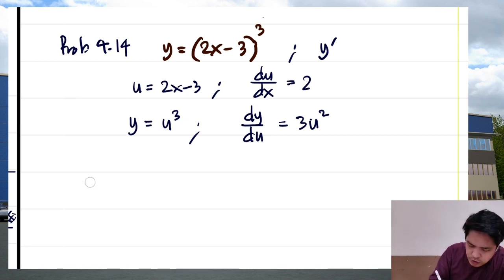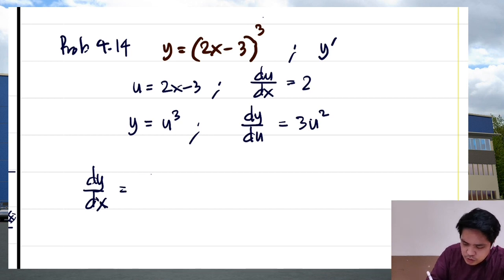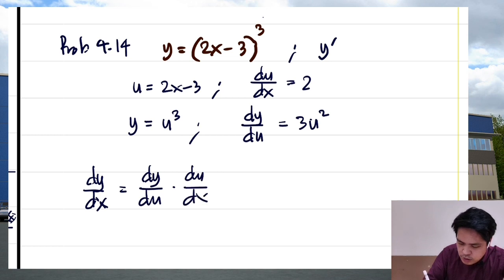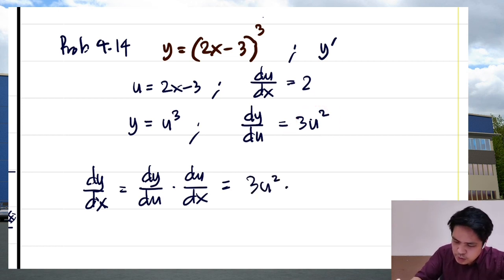Now what we are trying to solve is dy over dx, or y prime, which is equal to dy over du times du over dx, which is equal to the derivative of the mother, ito yan, 3u squared times the derivative of the baby, which is 2.